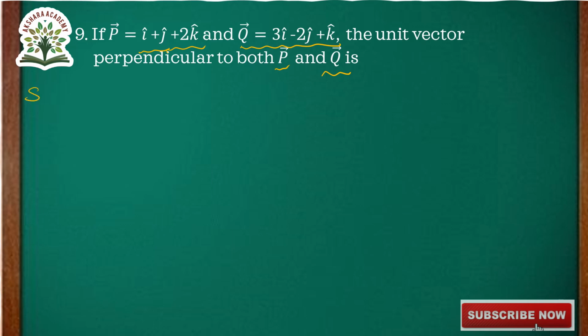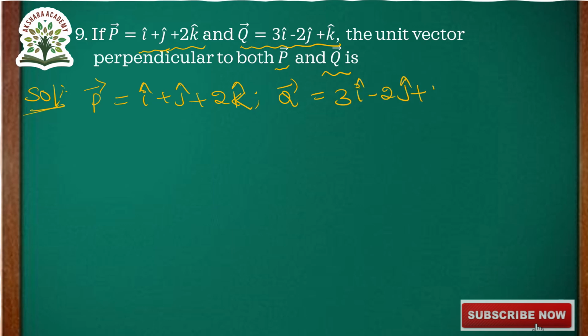Okay, let us go to the solution. Here they given p bar is equal to i cap plus j cap plus 2k cap, and q bar is equal to 3i cap minus 2j cap plus k cap.